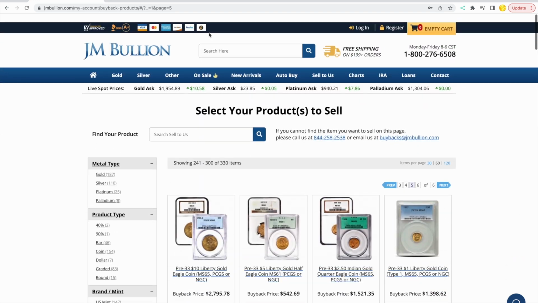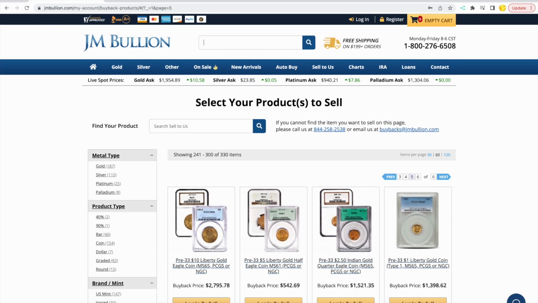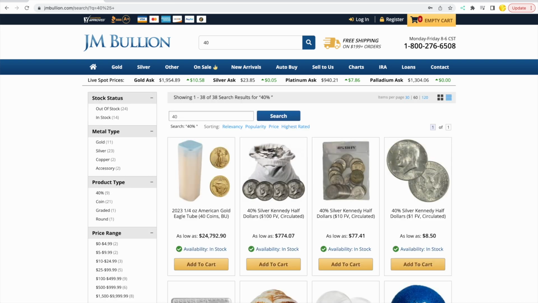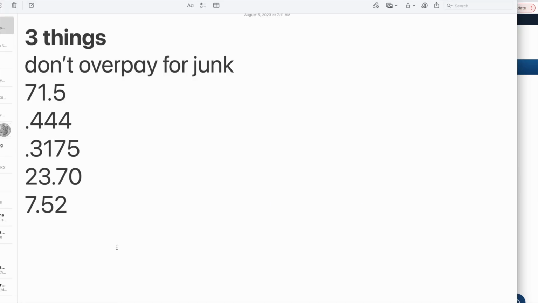What are they selling it for? Well, let's see. They are selling 40% at $7.74.